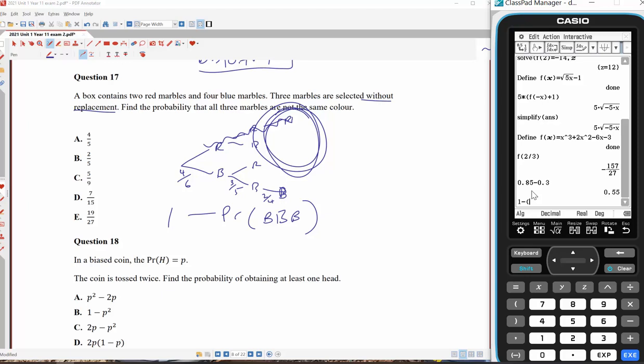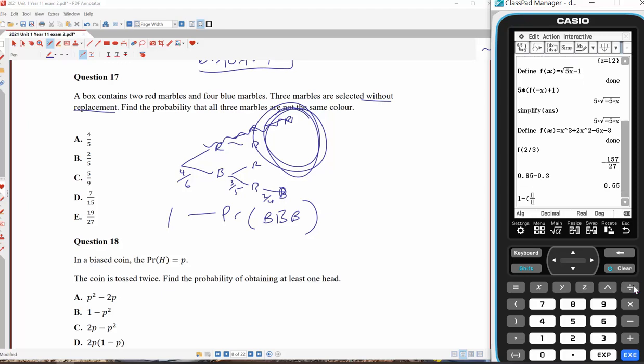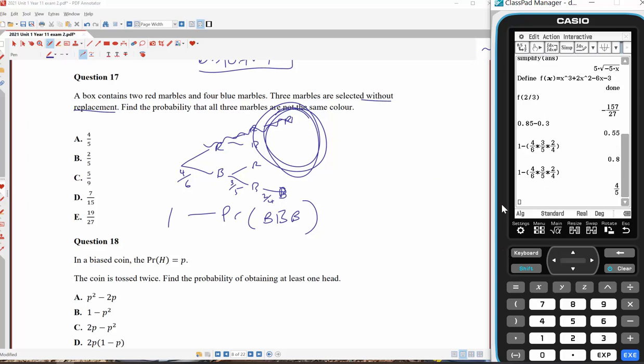So I'm going to do 1 take away 4 on 6 times 3 on 5 times, last one, 2 on 4. That's 0.8, 4/5, I think. Yeah.